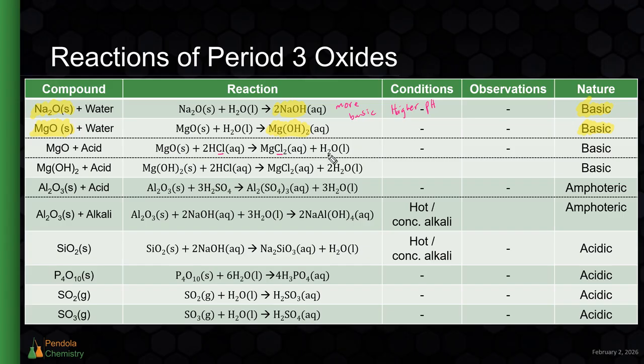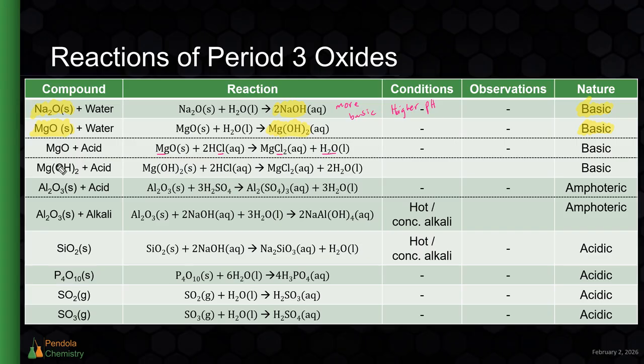And on top of that, it will create water. This is a typical reaction of a basic ionic compound. When magnesium oxide, a basic ionic compound, reacts with any acid, in this case hydrochloric, it will create the salt, the ionic compound between the cation and anion of these two compounds, and water in a neutralization reaction.